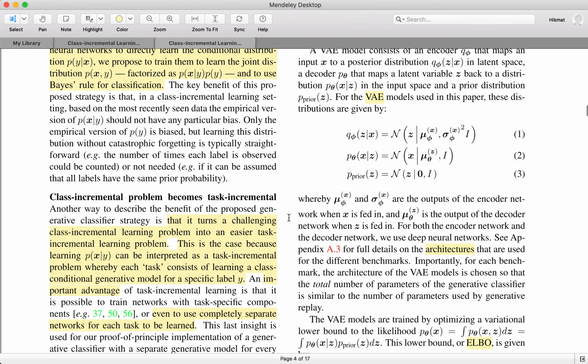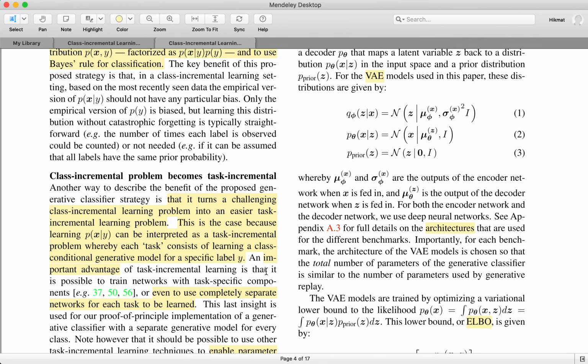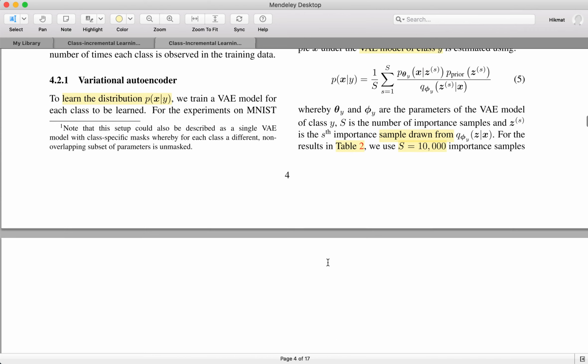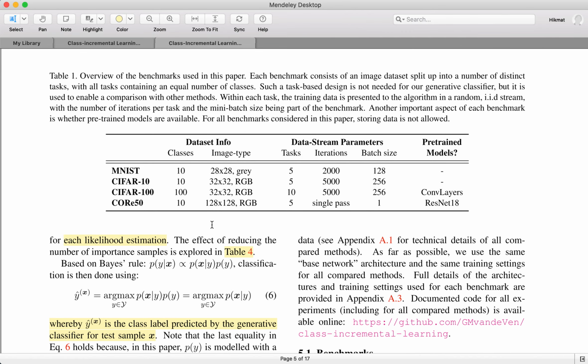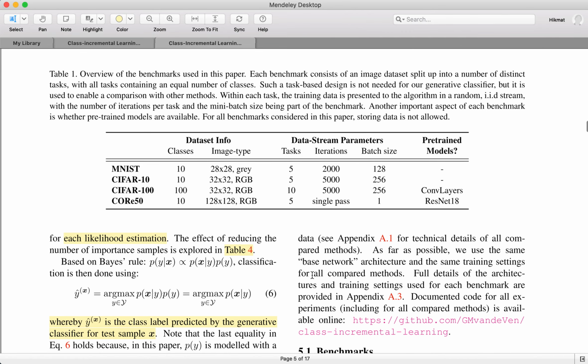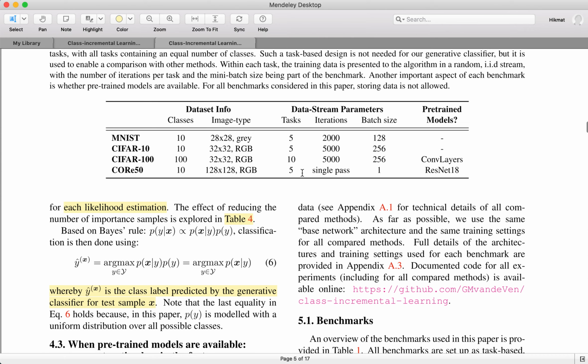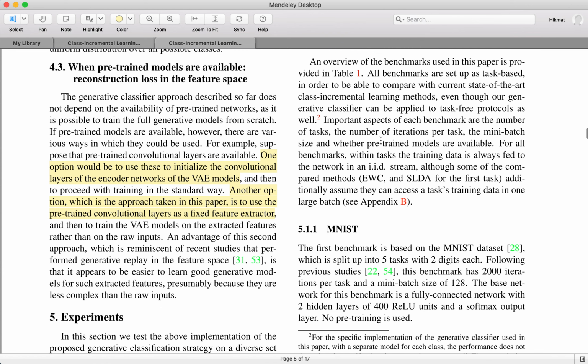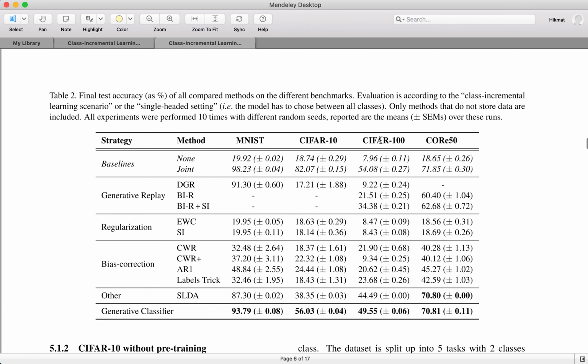Let's quickly look into the comparison table. Here is the kind of like variational autoencoder formulation. As I said before, I will explain variational autoencoder in a separate video. So here we can see the comparison. It's kind of like hyperparameter setting for their model, and here is the comparison.